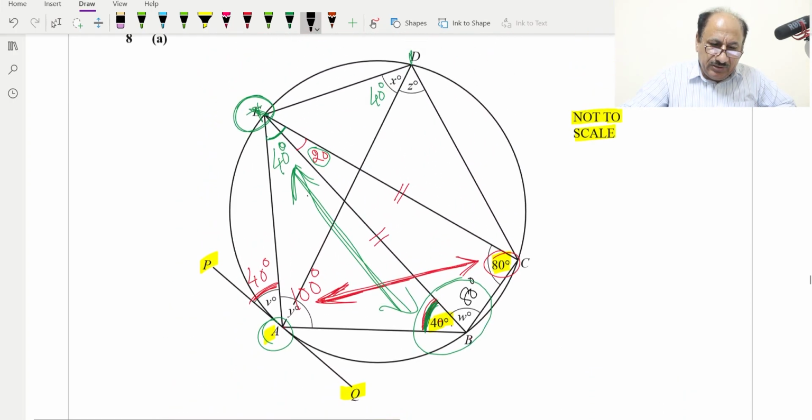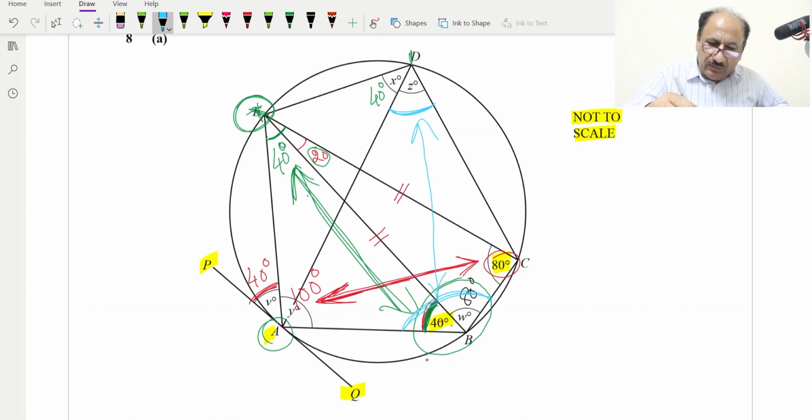Now only Z is remaining. If we check this angle which is Z, this angle Z and this angle which is 120 are opposite angles in a cyclic quadrilateral.